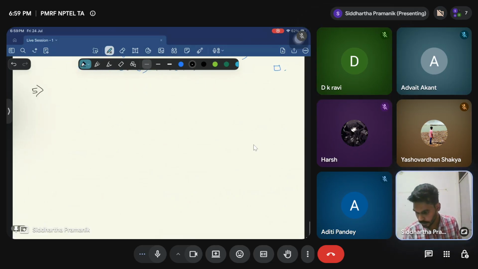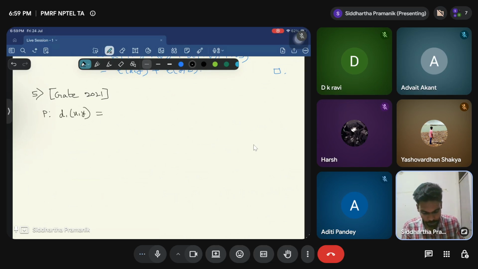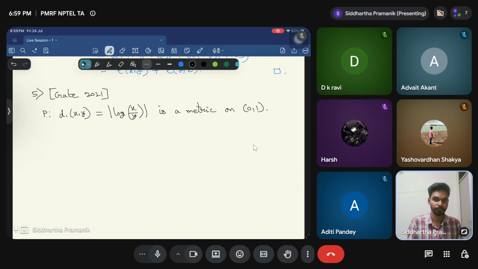So this one is from GATE 2021. Okay, this is also fairly easy. There are two statements. The first one is P. It says d1 of x comma y, defined as modulus of log of x over y, is a metric on the open interval (0, 1).